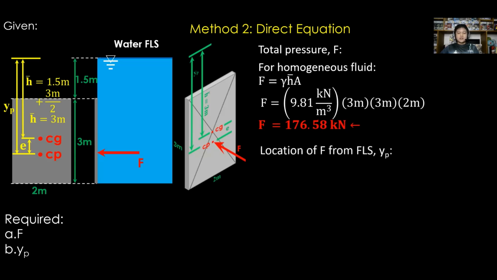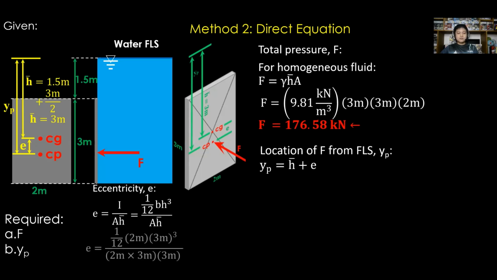For the location, that is y sub p, again from the free liquid surface, from the diagram, y sub p is equal to h bar plus E. And for eccentricity, E is equal to I over A times h bar. And for I of a rectangular shape, that is 1/12 times B times H raised to 3.